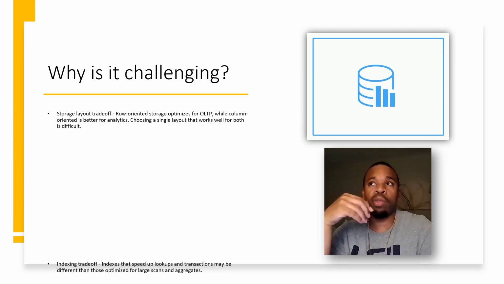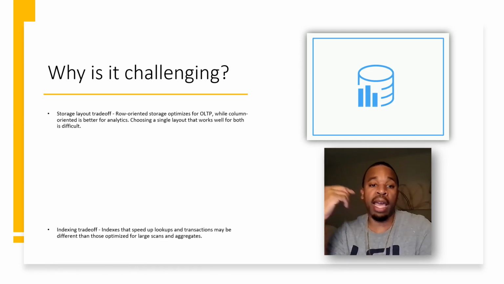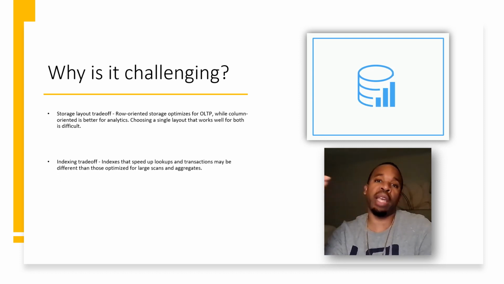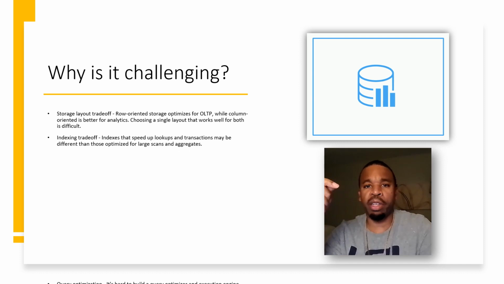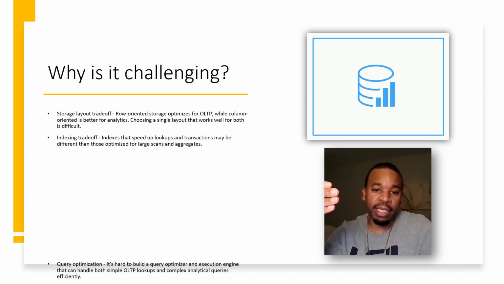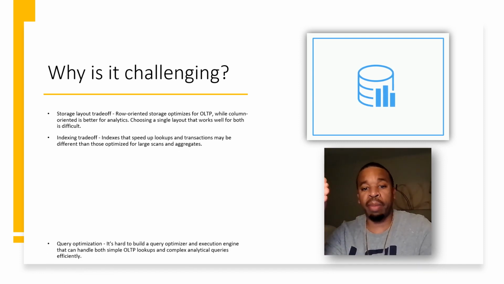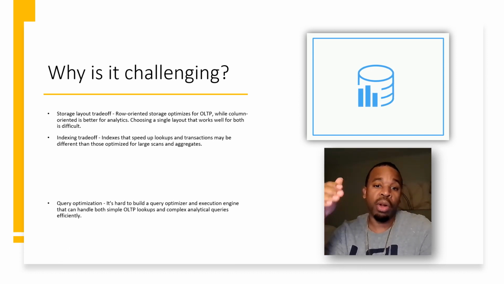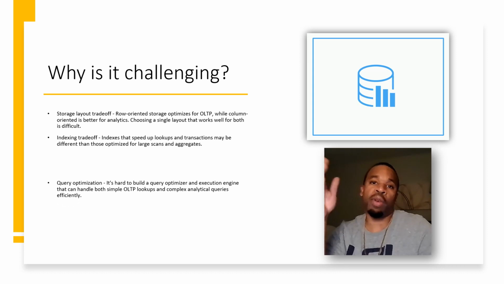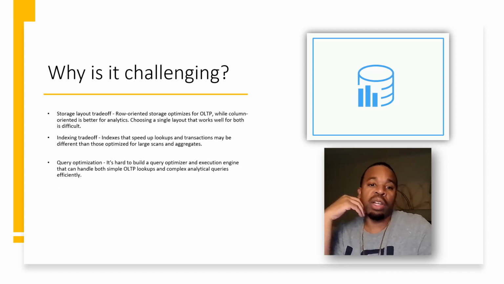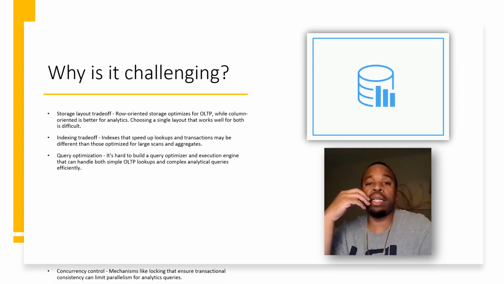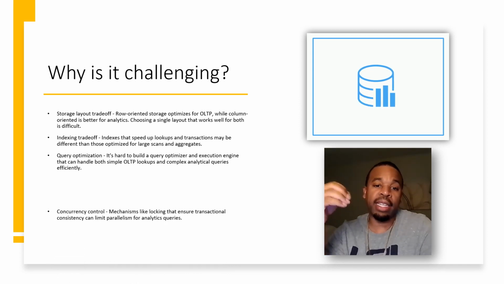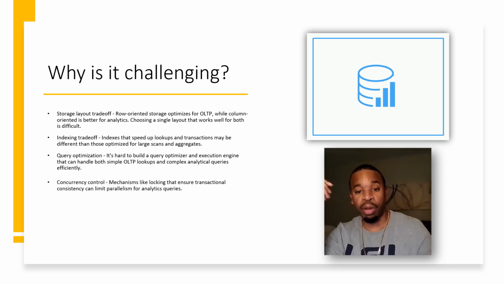Indexing trade-off. We know that looking up data by index is more efficient than doing a full table scan, but they're both different. Query optimization. It's hard to build an optimizer and execution engine that can handle both OLTP lookups and OLAP analytics. Concurrency control mechanisms like locking that ensure transactional consistency can limit parallel computing.